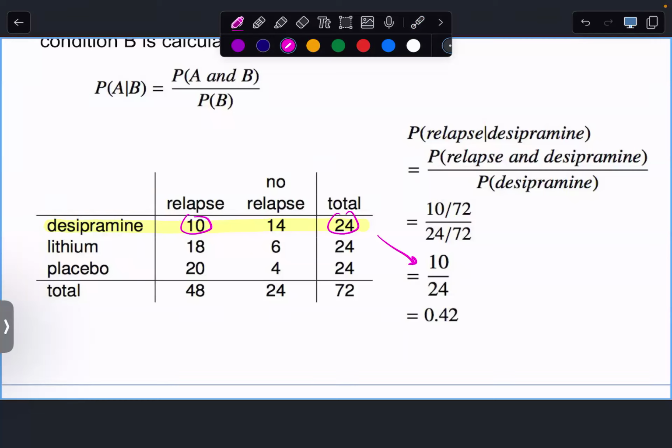Notice how those are two different questions, right? The probability that they relapsed, given that they were in the desipramine group, versus the probability that they were in the desipramine group, knowing that they relapsed, right? Two different things.